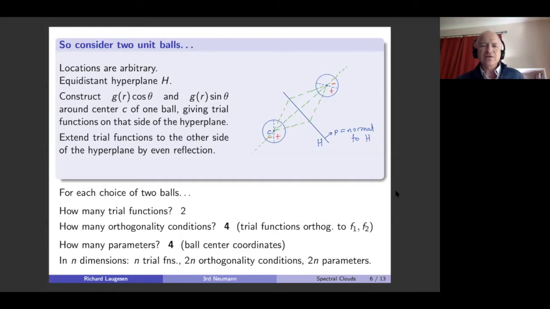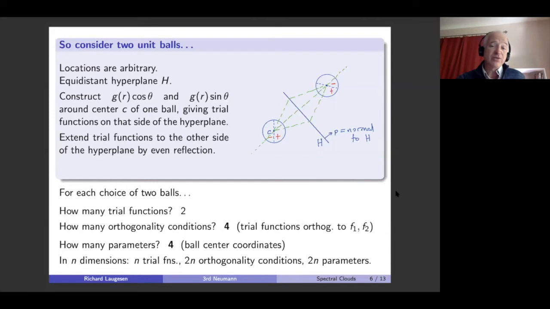Well, I suppose for each choice of disks, we have 2 trial functions, the cosine theta mode and the sine theta mode. We have to have each trial function orthogonal to the first and second eigenfunctions, F1 and F2. So 2 times 2 is 4.